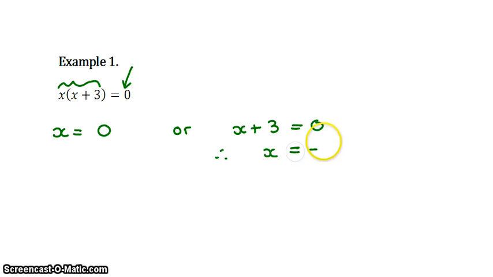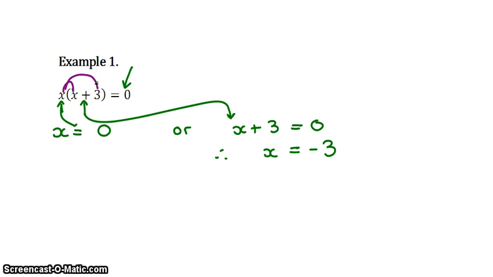So either x must be 0, or x must be minus 3. It's the only way you could have two factors multiplied to give you 0 is if one or the other are 0. Now, most people will multiply this out when they see it, not realizing that it's already factorized. So think before you do things in equations.